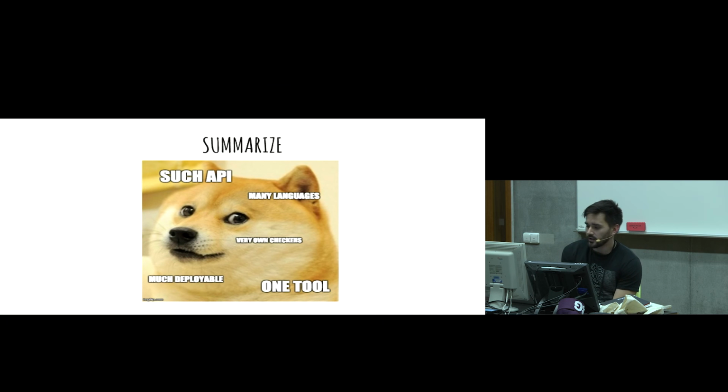It comes by default with support for many languages, and also you have the option to write your very own checkers, and also never forget to git commit them. And another thing is it's easy to deploy when you are using Docker. When you are not using Docker, it's not that easy, I guess. And also it's good to have one tool to run them all, right?